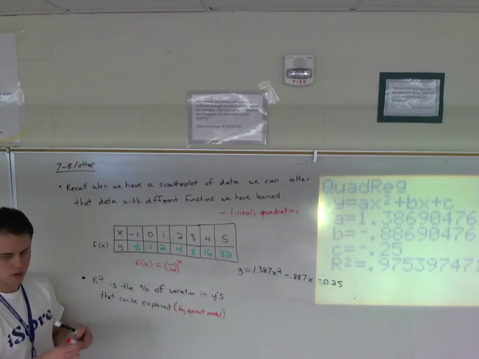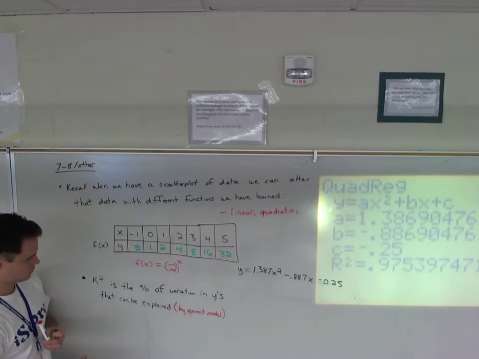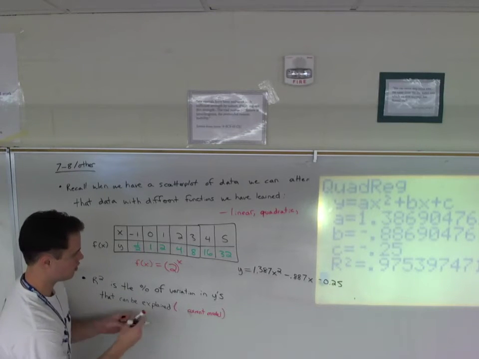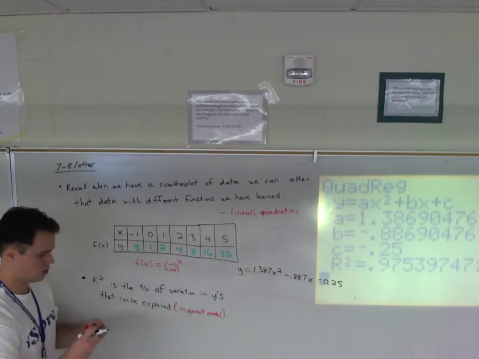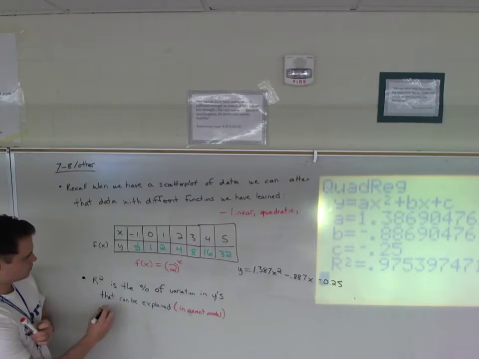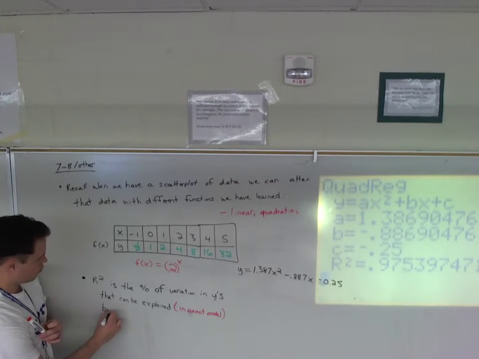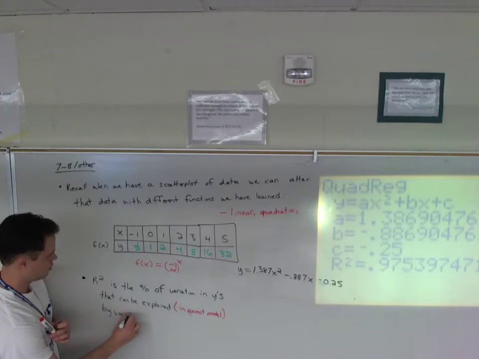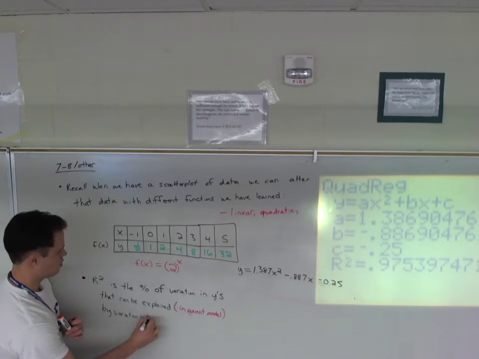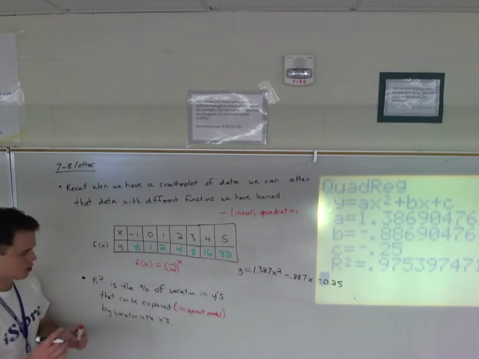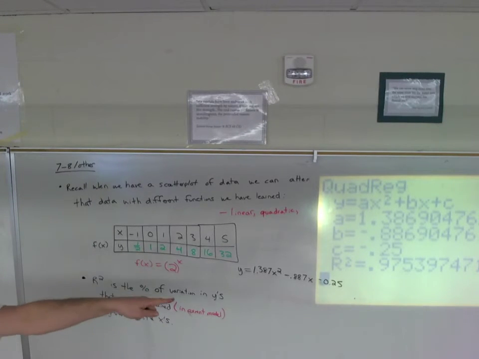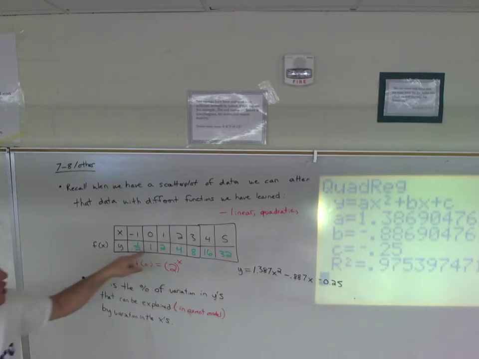So ours is quadratic right now. So this model explains 97.5% of variation here.